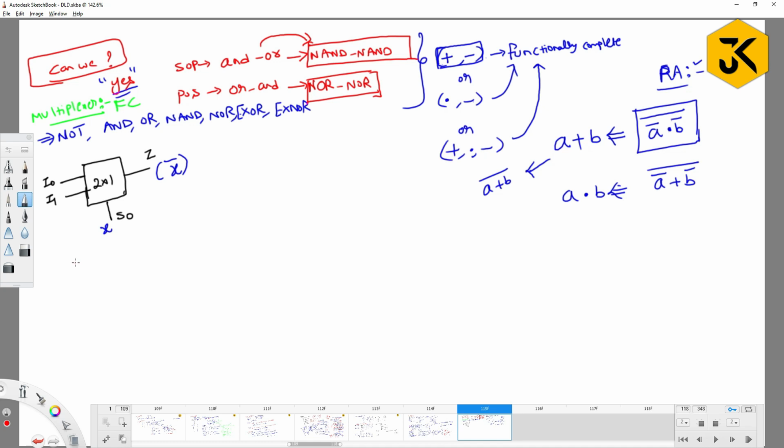Basically S0 bar I0 plus S0 into I1. Try to substitute. This will be x bar into I0 plus x into I1.